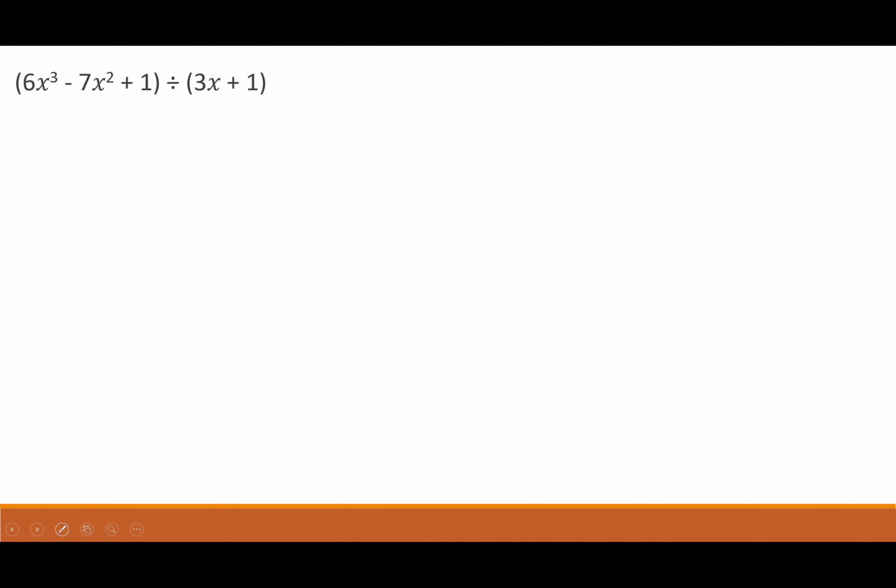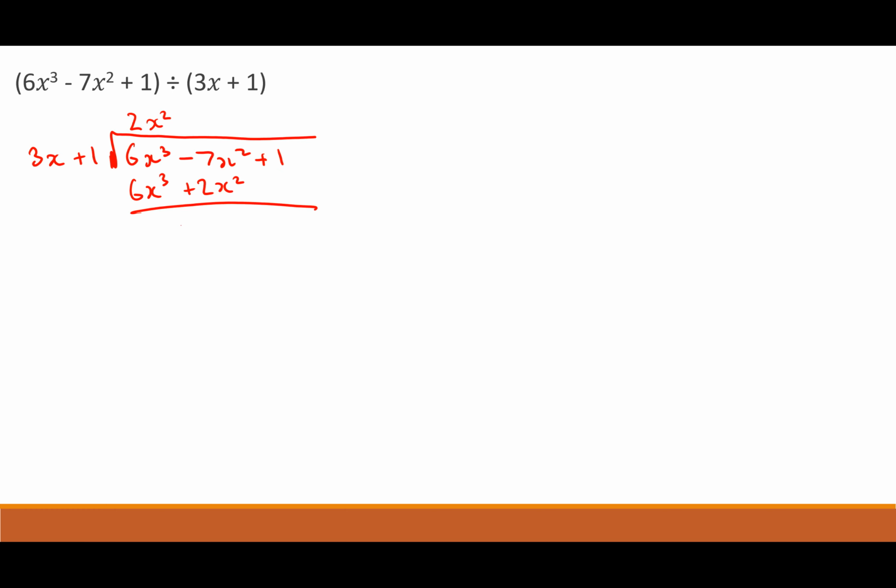Another, or final, example. We'll just do this very quickly without going through the calculation in that much detail. 6x cubed plus 2x squared minus 7x squared plus 1, and that will give you minus 9x squared plus 1.